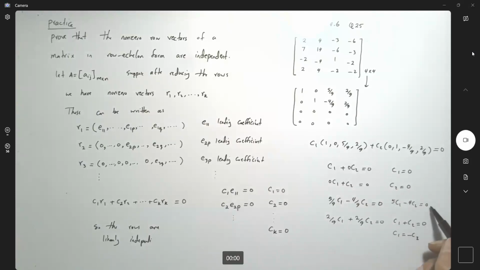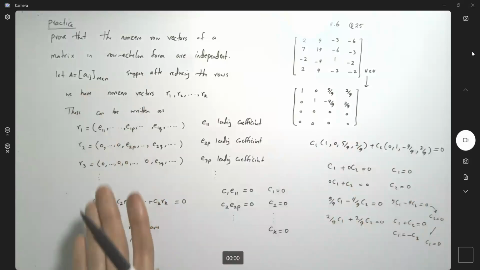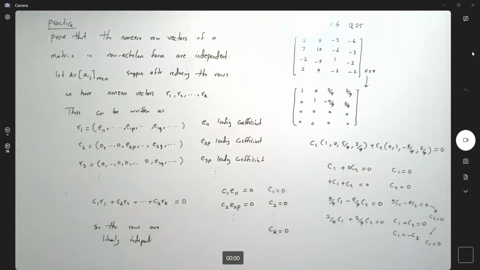If you substitute it over here, C2 is 0, so C1 is equal to 0. So you can take a look at one example and make sure you understand every step before understanding the proof and justifying the proof for yourself.